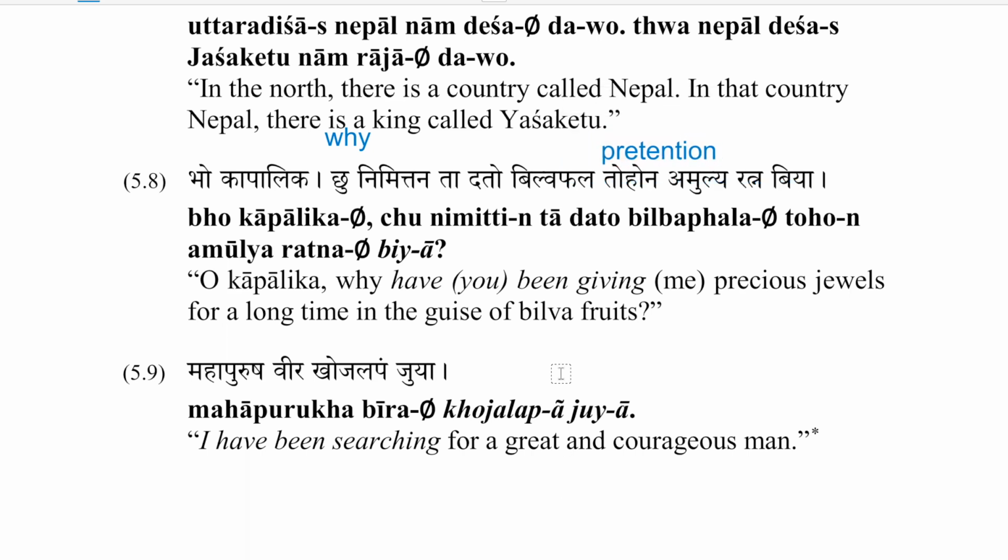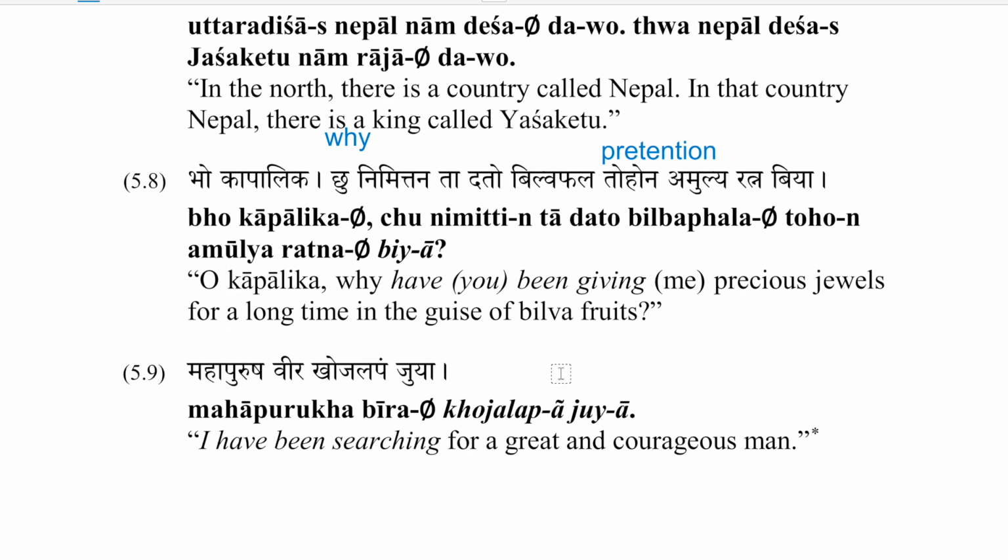In pretension, in disguise. So in the story, the Gabaliga put five very precious jewels in the bilava fruit, and he gave it to the king every day.